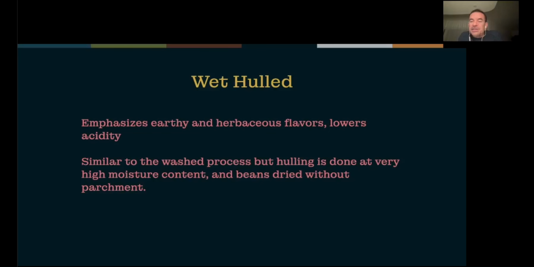There's a lot less control over the drying process with wet hulled coffee, and the flavors can be a bit wild. So these are interesting, very low acid coffees, but very high risk in terms of not having as much precise control over flavor as you do with most other processes.